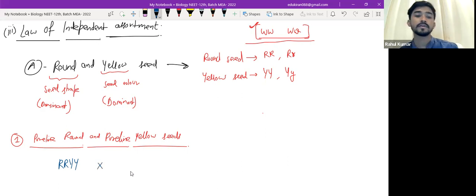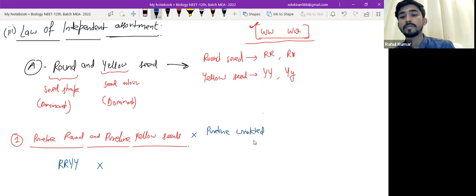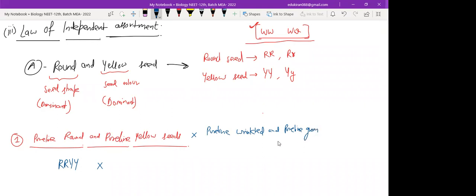And if I cross it with a pure line wrinkled and pure line green seeds, I'm talking about the parent generation. Pure line wrinkled and pure line green. What will be the genotype? Small r and small y.